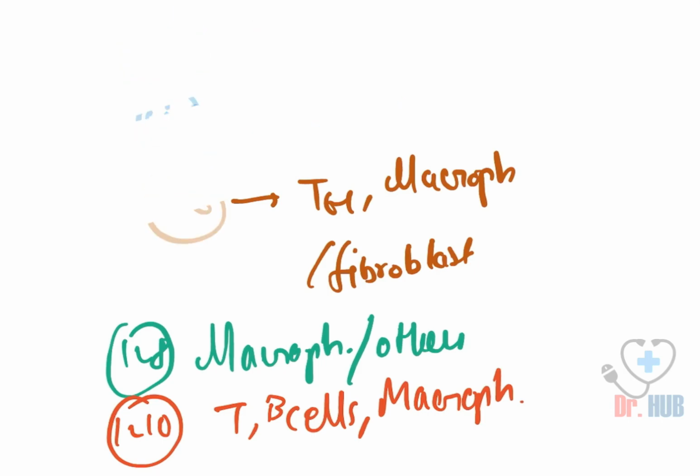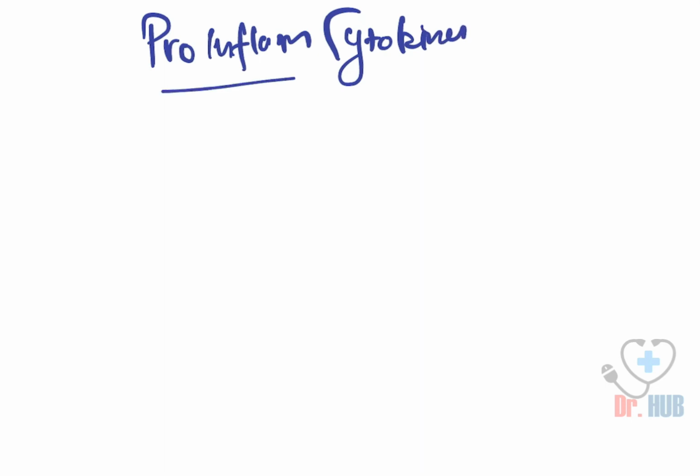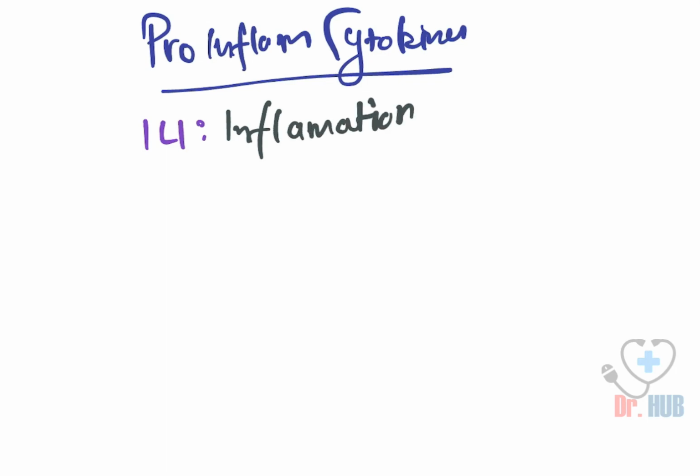So now we move ahead. The next category is the pro-inflammatory cytokines. Under the pro-inflammatory cytokines, it includes IL-1. IL-1 induces inflammation. Then it involves fever. Next, there is also the involvement of sepsis.